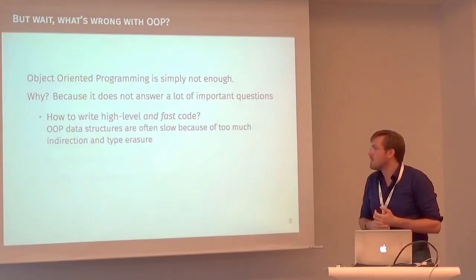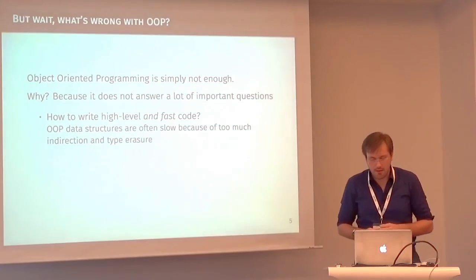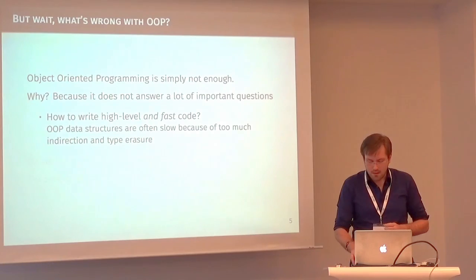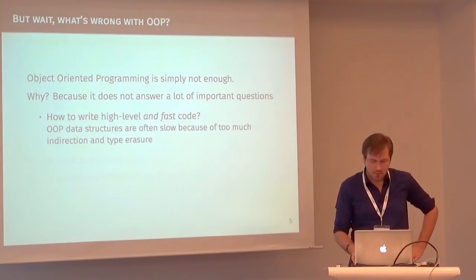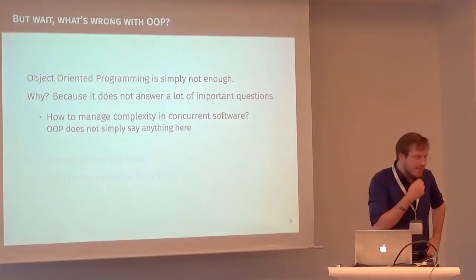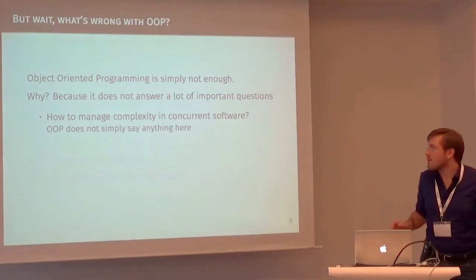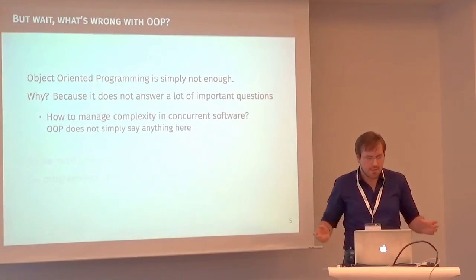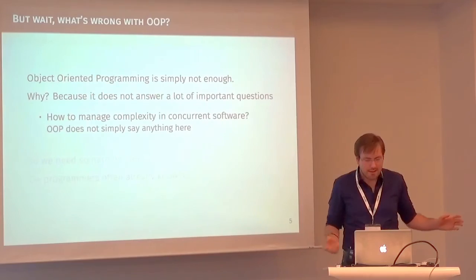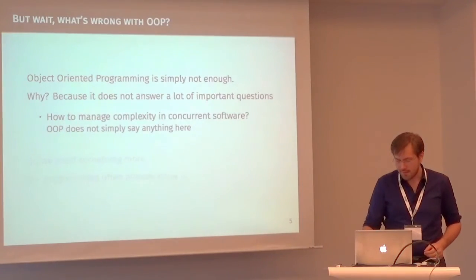Of course, we can do it, but object-oriented programming does not help us do this. And then, of course, it completely ignores the problems of concurrency and parallelism. It simply doesn't have anything to say here, okay?